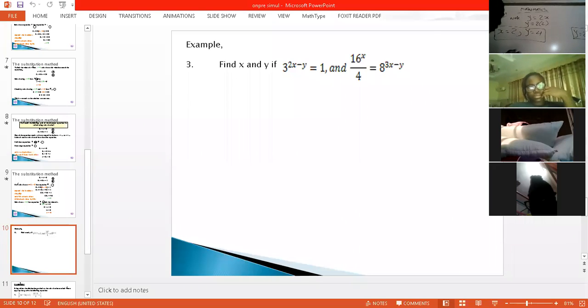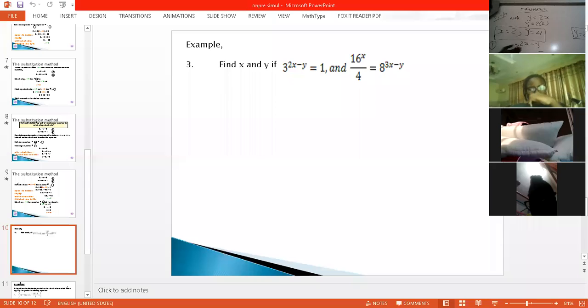Okay. Recall that from the first equation, you have 3 to the power of 2x minus y equals 1.